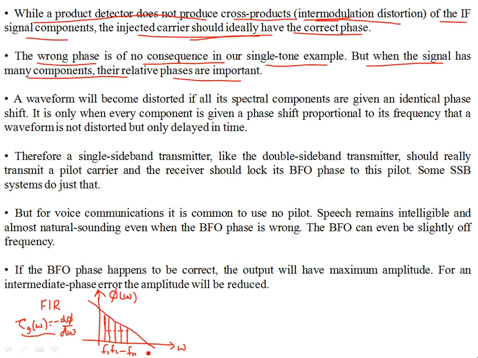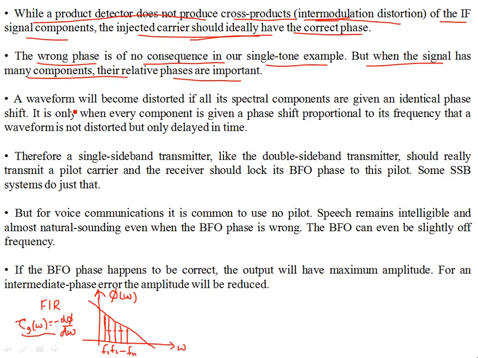This is not desirable, right? For speech and music, it's not a big problem because the human ear is not very sensitive in perceiving phase differences. But still, to avoid phase distortion in a signal, it's desirable to have a linear phase system. What a linear phase system does is give a constant group delay. So the group of frequencies arrive together with the same time delay.